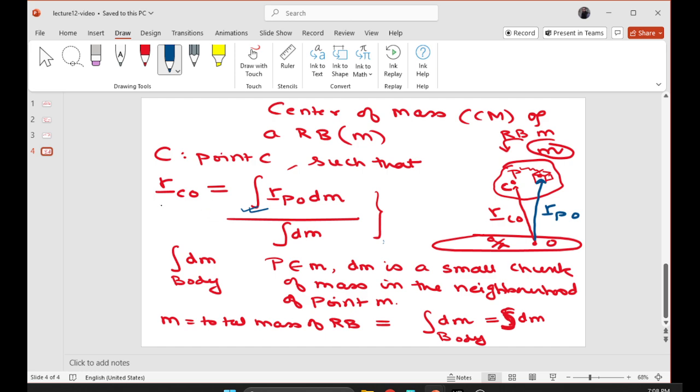That will give you the position vector of the center of mass. Indeed, the unit of the position vector is going to be meters, SI unit. This is the definition of the center of mass.